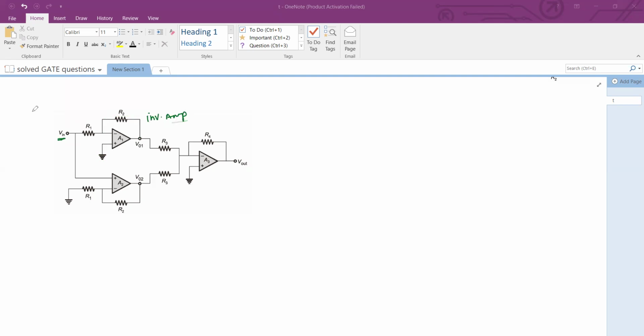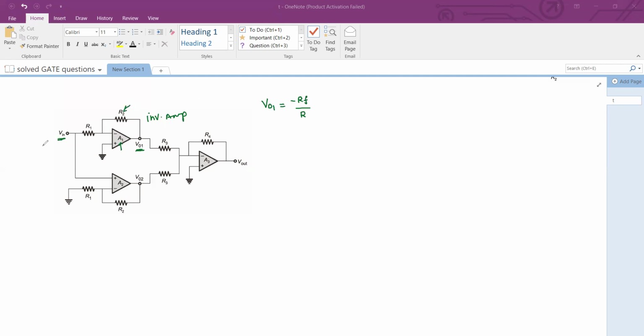We know that VO1 is the output of the A1 amplifier stage. The output is gain multiplied by the input, and the gain is determined by RF over R1, where RF is the feedback resistance.